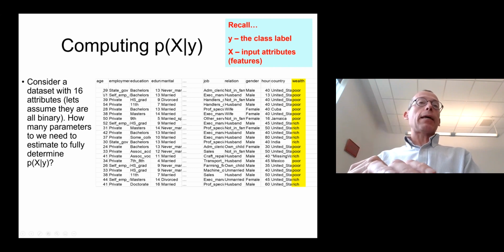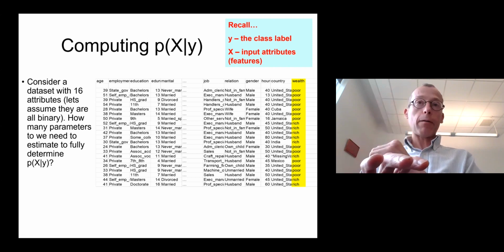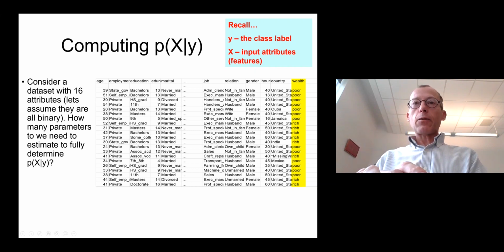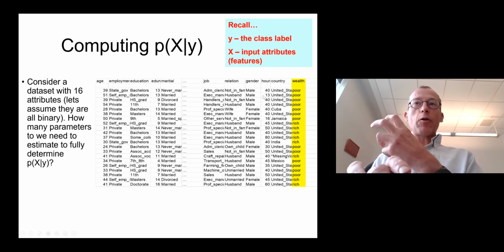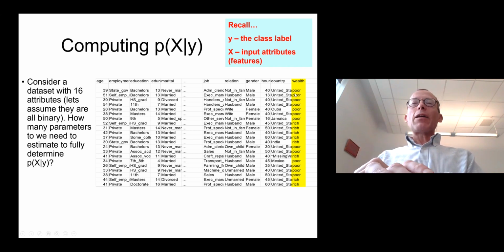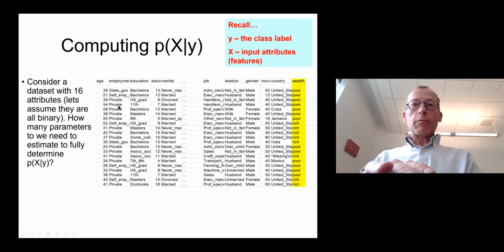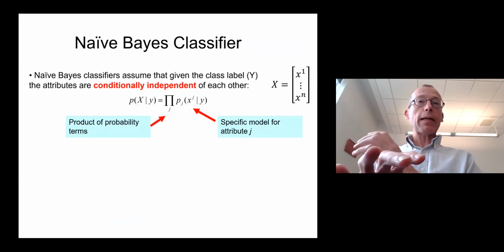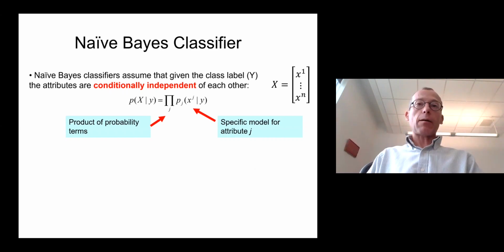If someone is 10, then it's very unlikely that she or he will be married, or that he will have a job as a professional or something, right? So even if you know the label, there is still dependence between the entries in this table. So assuming independence is not correct, even conditional independence, but it's an assumption we can make, and sometimes this works even if the assumption is not true.